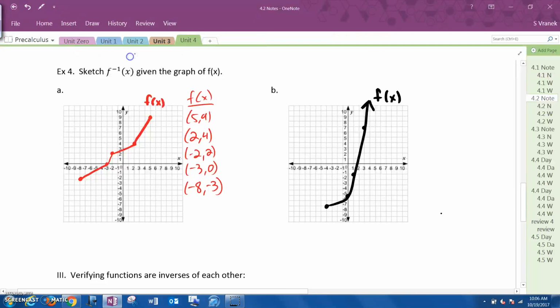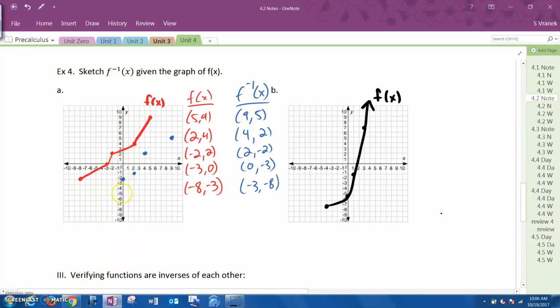Now I need to graph the inverse. To do that, all you do is switch the x and y's. So now it's 9, 5, 4, 2, 2, negative 2, 0, negative 3, and negative 3, negative 8. So if I do that, I can now plot these new points in blue, 9 up to 5, 4 up to 2, 2 down to negative 2, which is that one actually. 0 down 1, 2, 3.